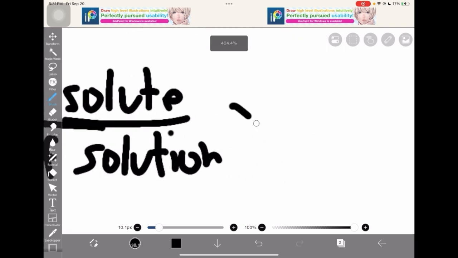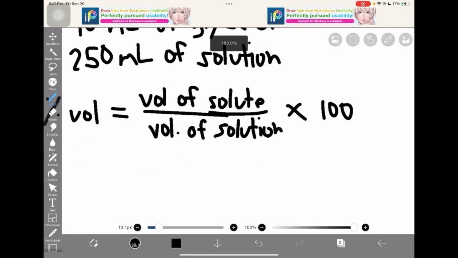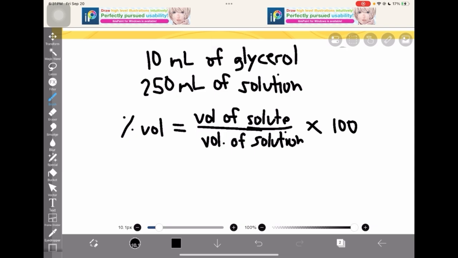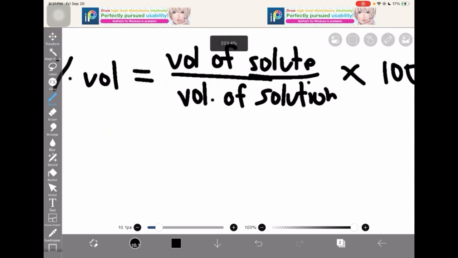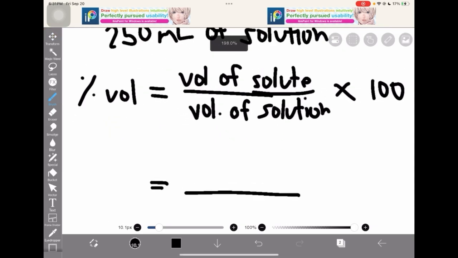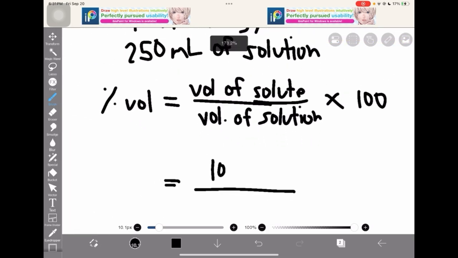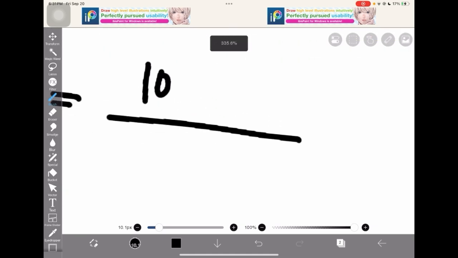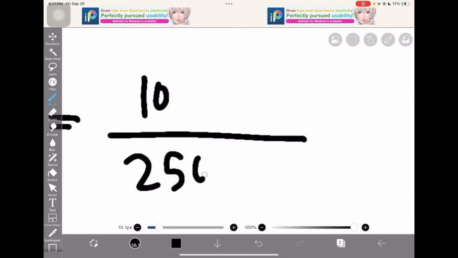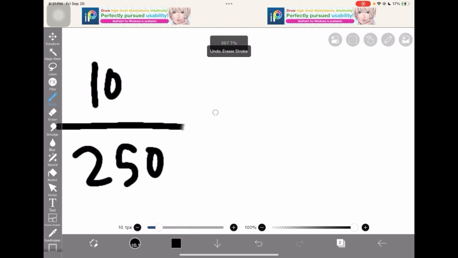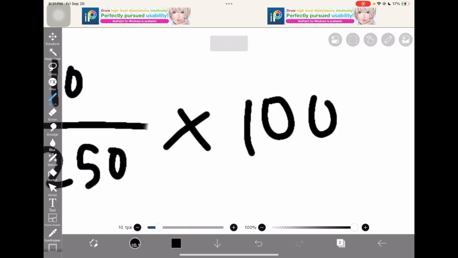times 100. So we actually aren't missing anything. I mean, we have our solute, which is the 10 milliliters of glycerol, and we have the solution as well, so that's 250. So there's really nothing much to solve for or substitute here. You really just have to evaluate this.